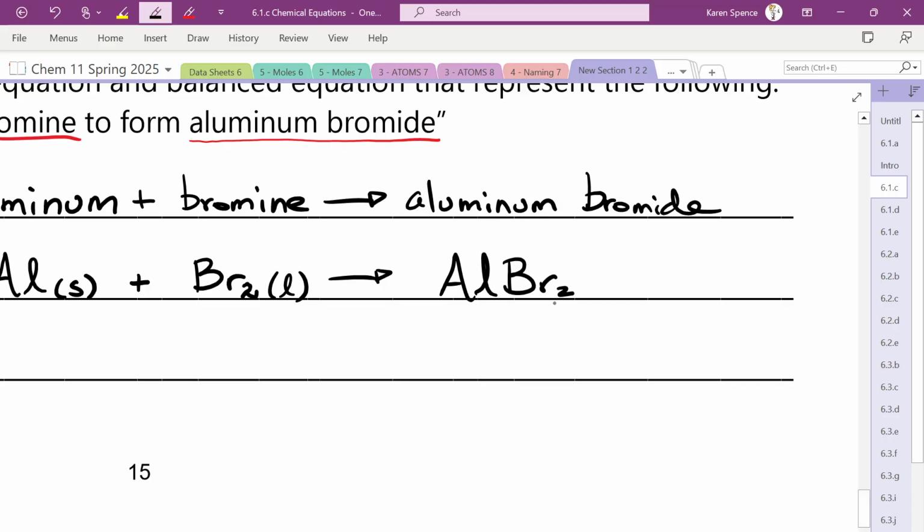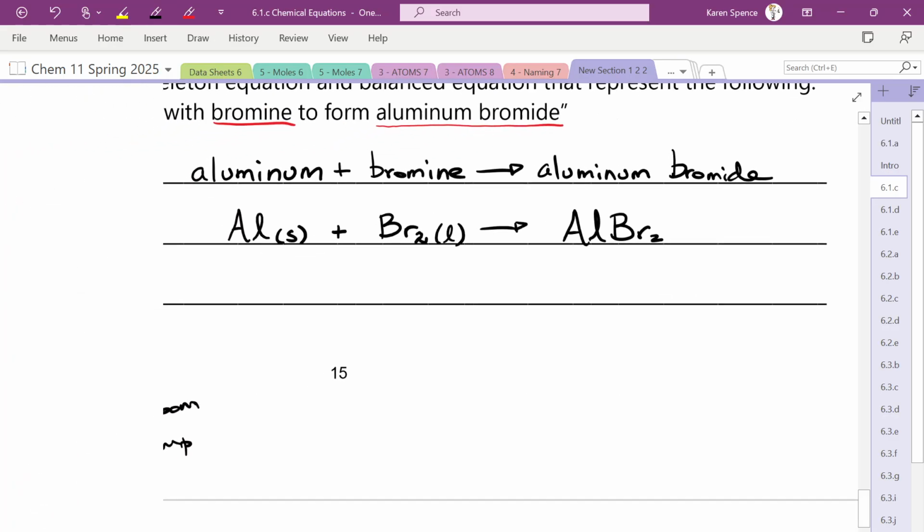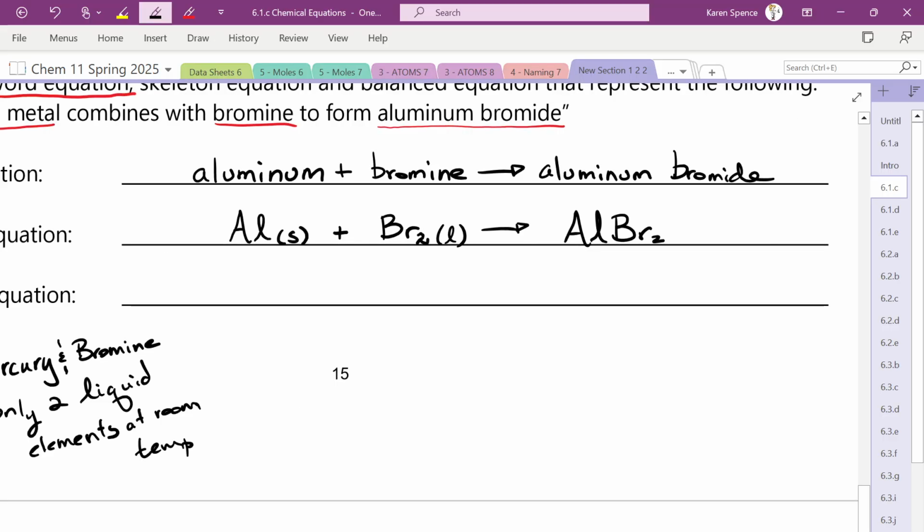Lots of times people will be like, oh, it's diatomic, so it has to be diatomic. No, it's only diatomic when it is on its own. Diatomics are only diatomic when they are on their own.